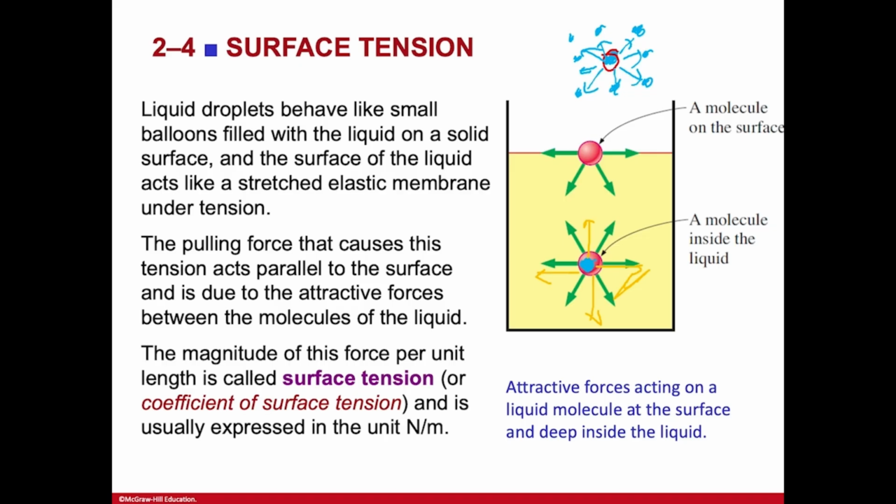Now if this particular fluid molecule moves to the interface, or to the surface, where on one side you have air, or even, to make it simple, we can say vacuum for now.